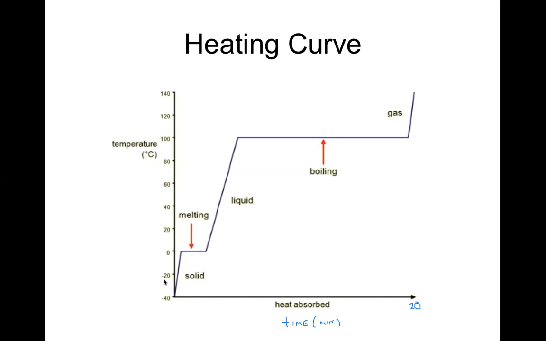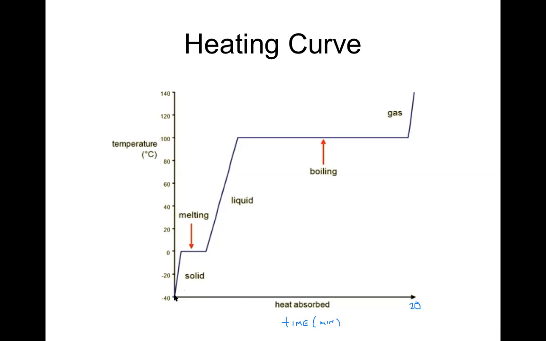So we're going to start with some ice, a small ice cube, chilled to minus 40 degrees Celsius. Very cold. And so this is the initial time, and this is the initial temperature. This is our starting point. We put the ice cube in a beaker and we put it on a hot plate. We turn it on and leave it at that temperature, so the heat is continuous.